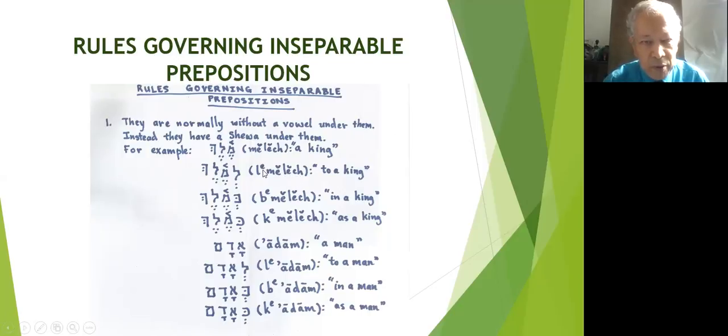Notice that the simple schwa is above the line, and it is to illustrate that this is not a vowel. It is like a vowel, but it's not a vowel, like segol. And so it's written above. So it's le melech, to a king. That's how you translate it into English. Le melech, to a king.